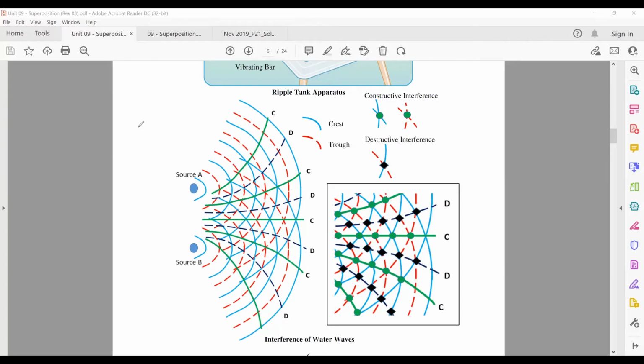Maybe I just draw a simple diagram here. I mentioned that your interference pattern is this series of lines where you have constructive and destructive. I mentioned that it's something like this.